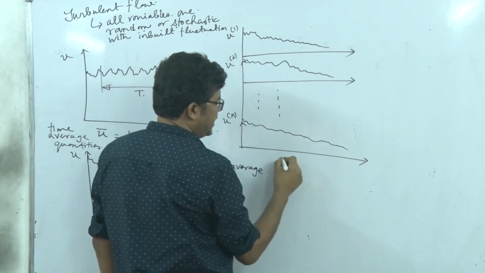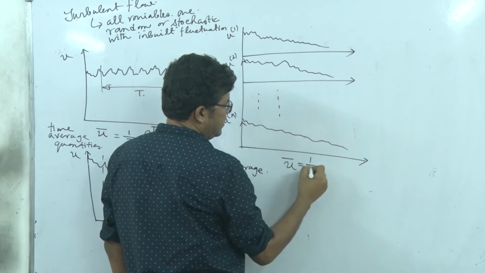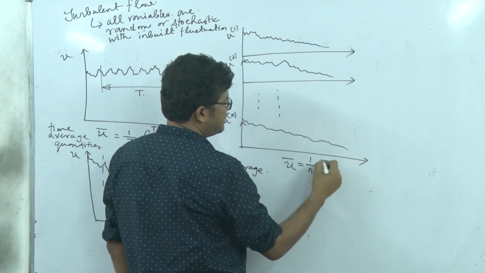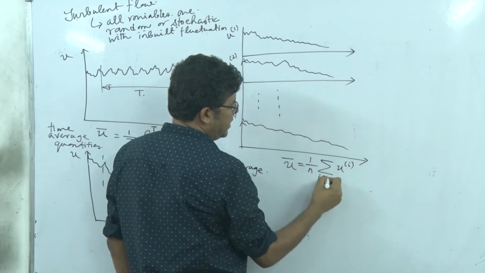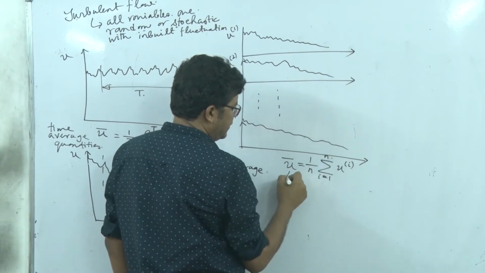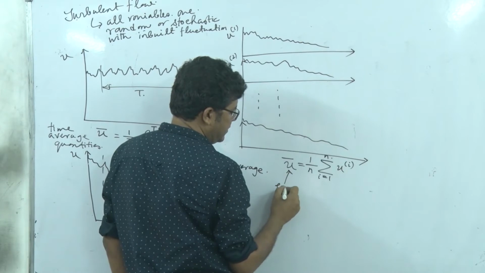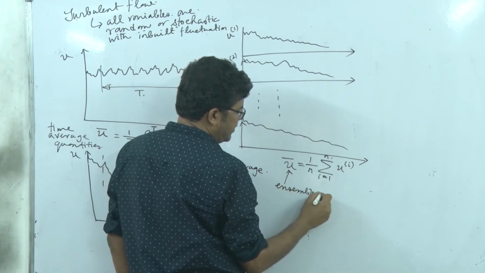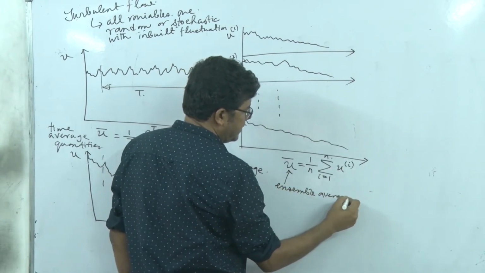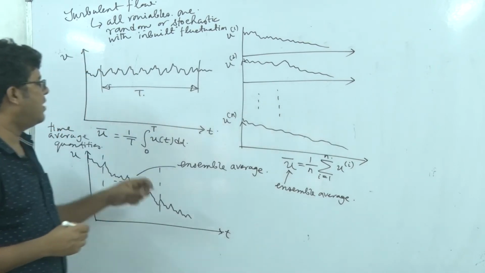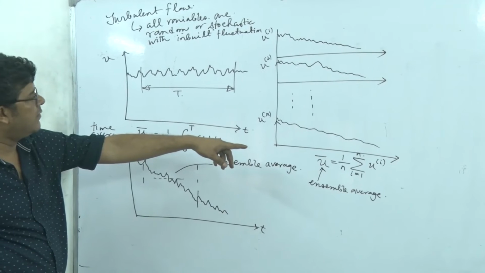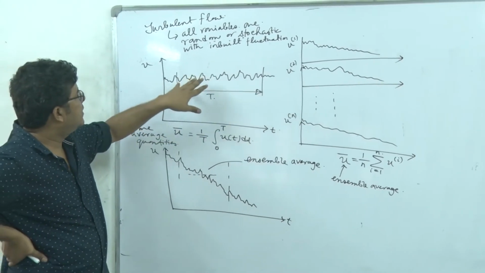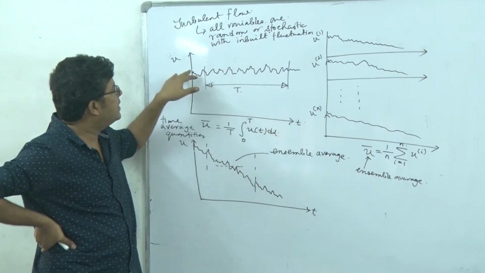So we can define an average as 1 by n summation of u superscript i, i equal to 1 to n. So this is defined as ensemble average, right?